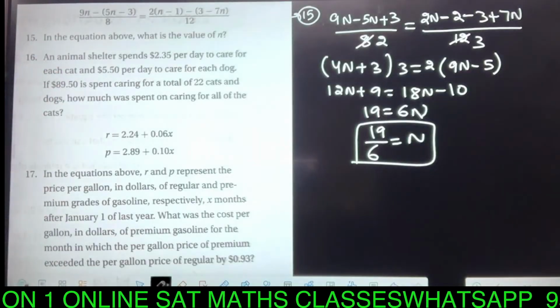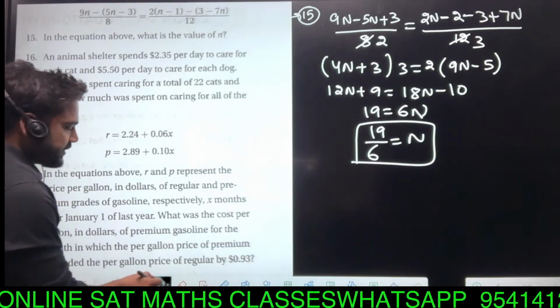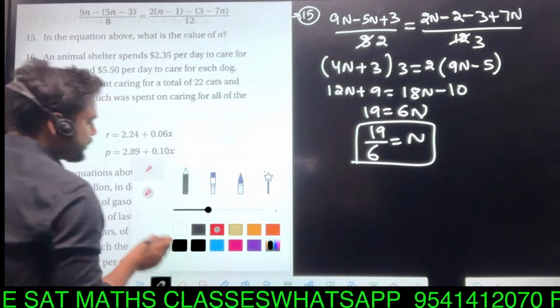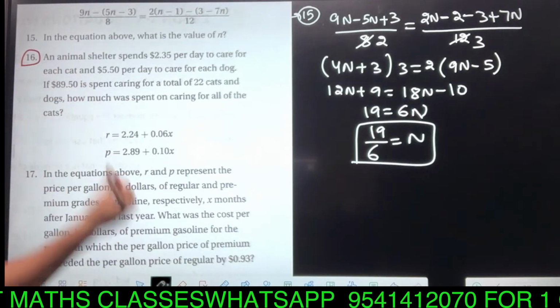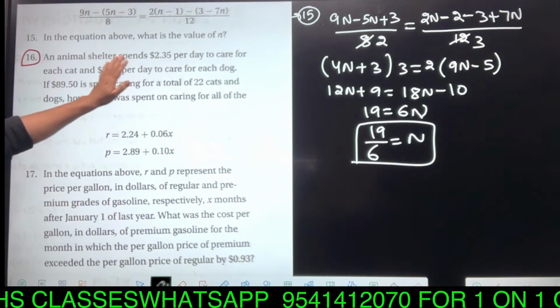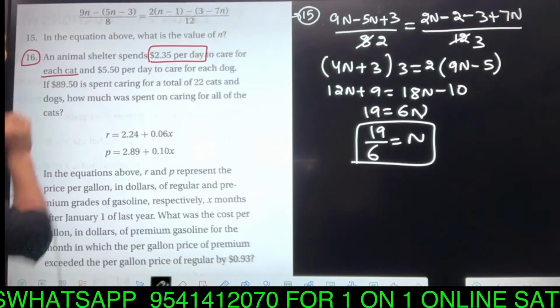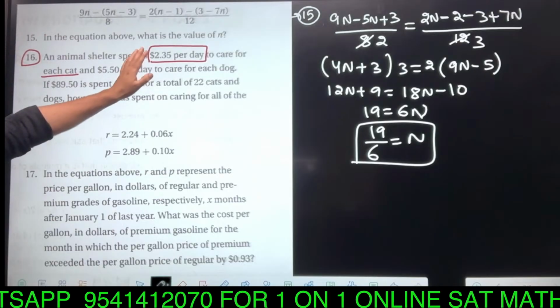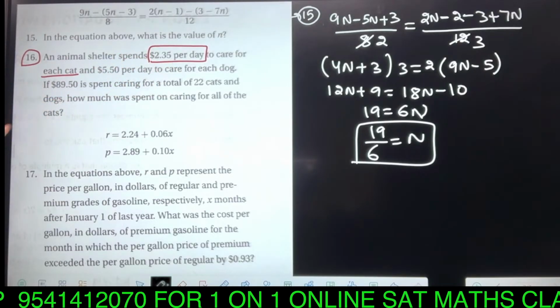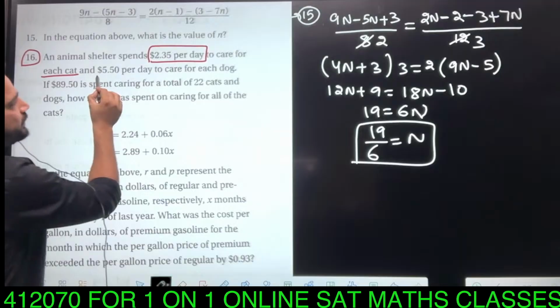Okay, now question number 16. What are they saying? An animal shelter spends $2.35 per day to care for each cat, and $5.50 per day to care for each dog.